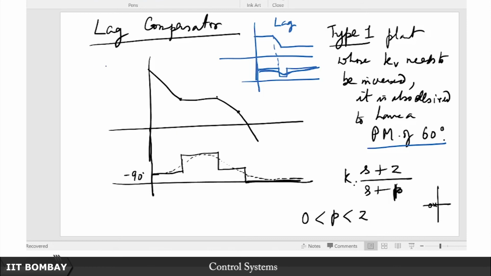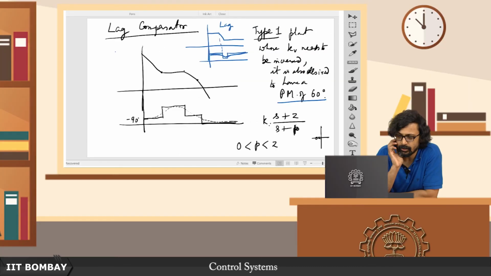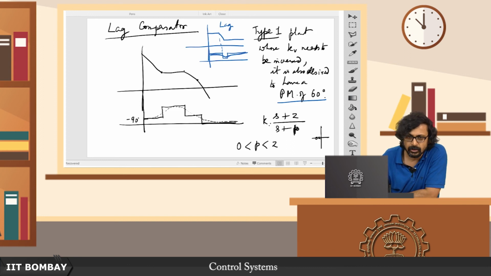There are two ways I can improve phase margin. One, of course, I can add a phase lead, but a lag compensator is unable to do that. The other thing it can do is lift, because Z is greater than P, but it does so at the lower frequency range.